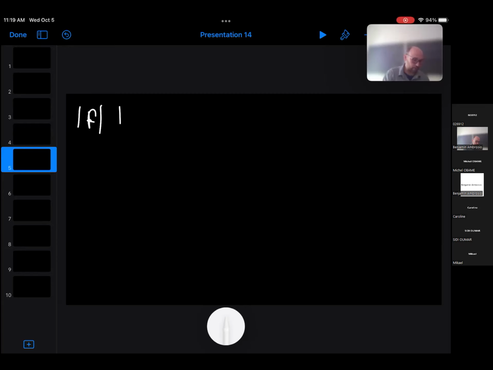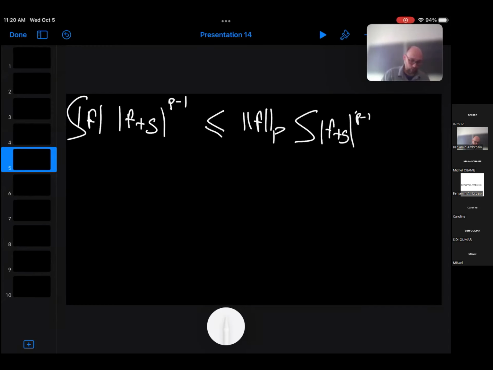So f times f plus g is less than the norm of f in LP times the integral of f plus g to the p minus 1 times q to the 1 divided by q. This is by Holder inequality.